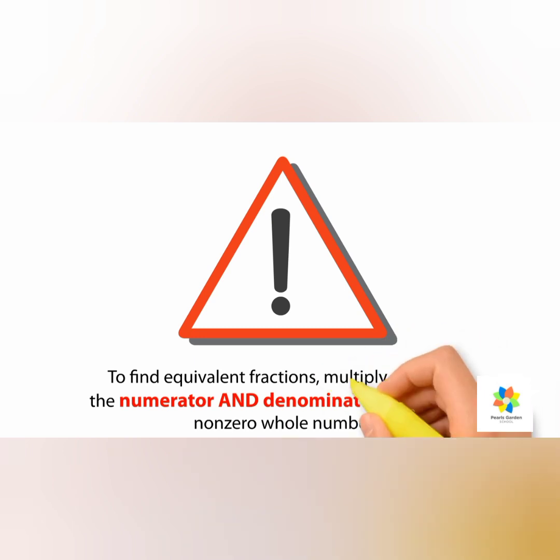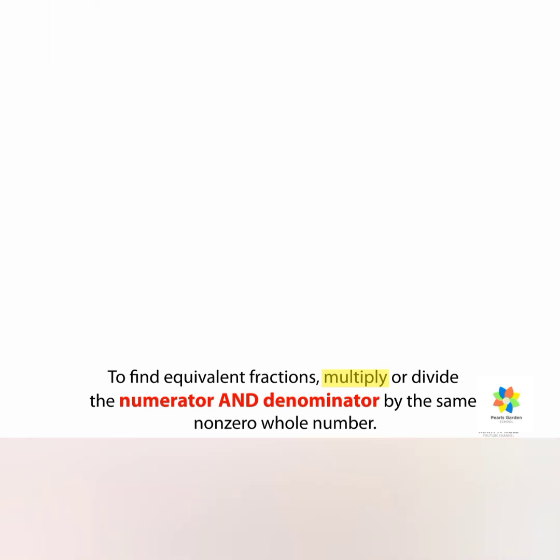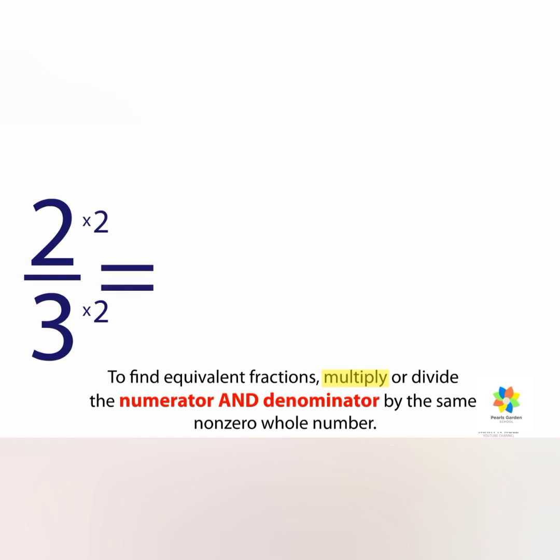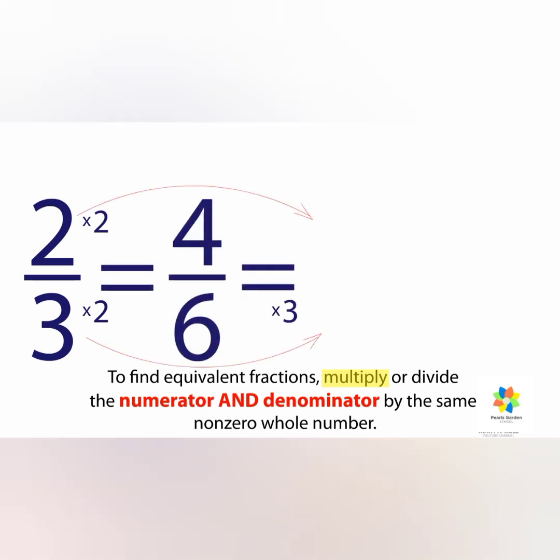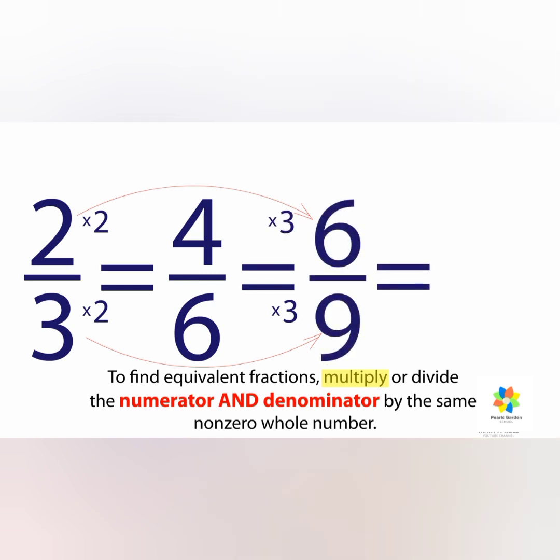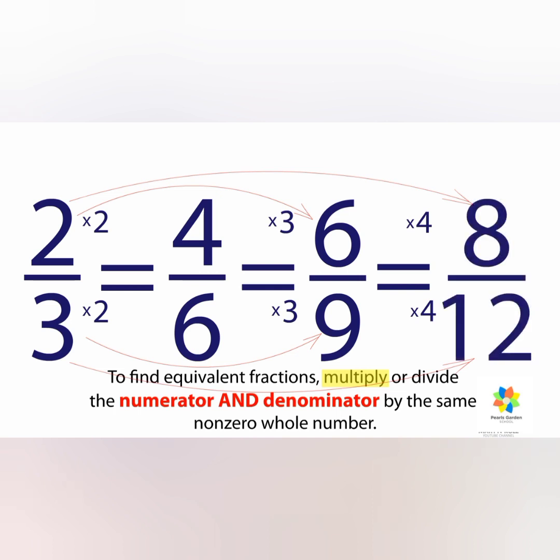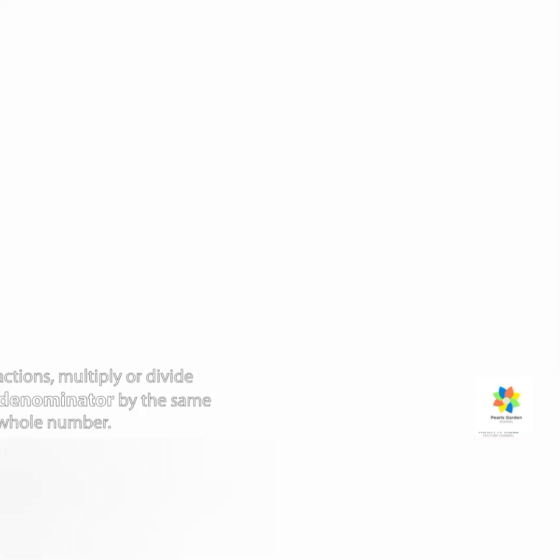Remember, to find such a fraction, you must multiply or divide the denominator and numerator by the same non-zero number. See this other example. I'm multiplying 2 to both the numerator and the denominator, and then I get 4 over 6. When I multiply 3, I get 6 over 9, and when I multiply 4, I get 8 over 12.